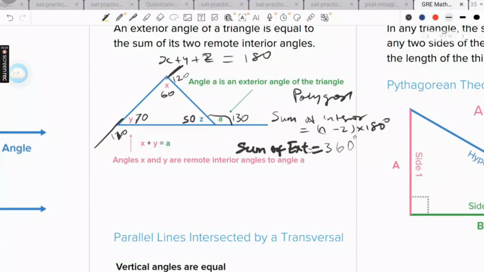This means that if you add all the exterior angles for this one we are solving now, which are 110 plus 120 plus 130, can you quickly sum it and confirm that it's 360? Yes, it is. So that is what that one means.